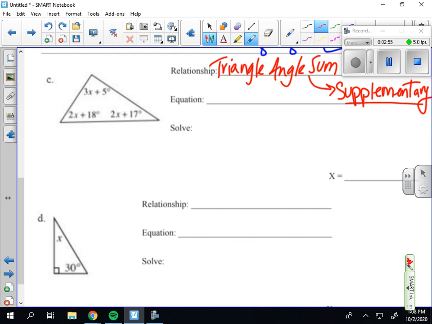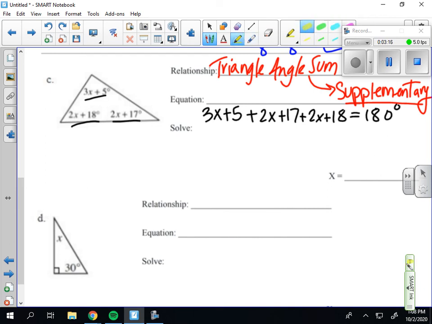So the equation that I'm going to have is 3x plus 5 plus 2x plus 17 plus 2x plus 18 has to equal 180 degrees. So I took all three angles and added them together, and they have to equal 180 degrees.